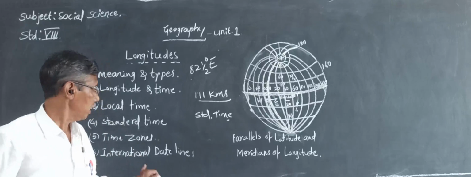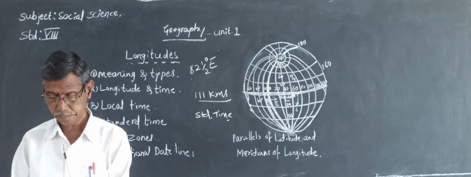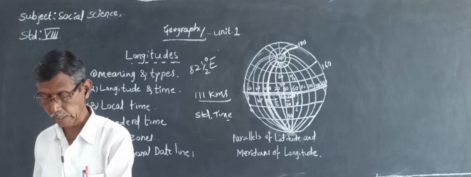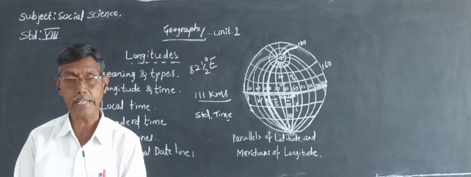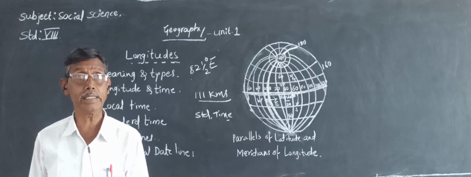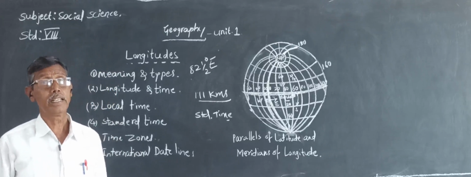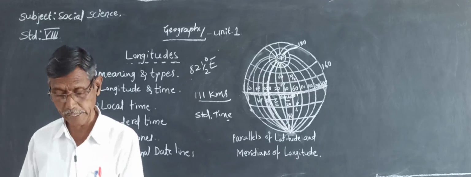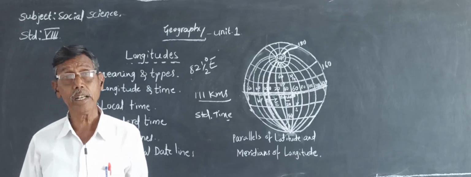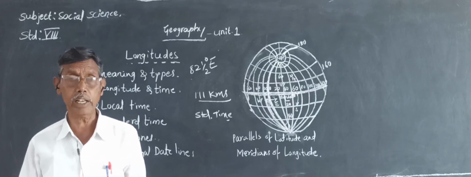Now the next is time zone. In some countries of the world the longitudinal extent is very large, for example 30 degrees or 40 degrees of longitude.